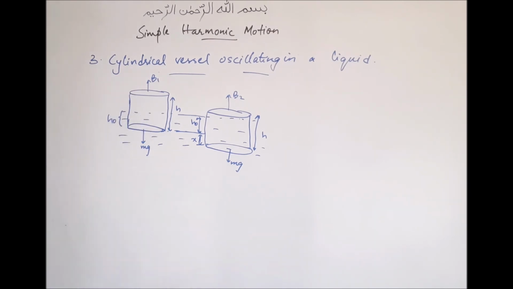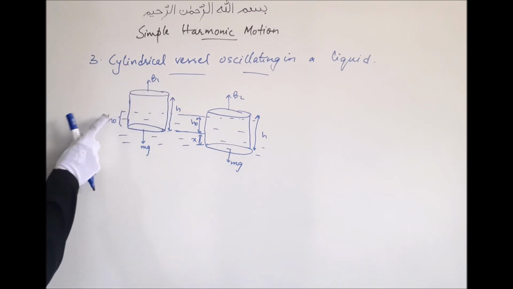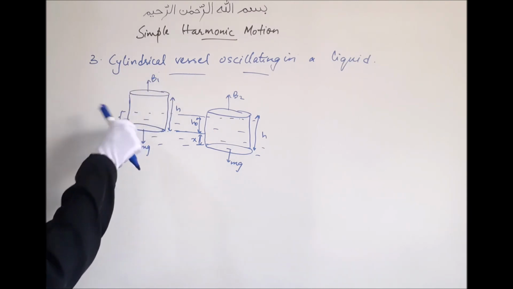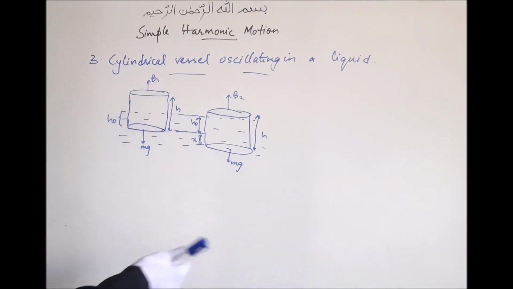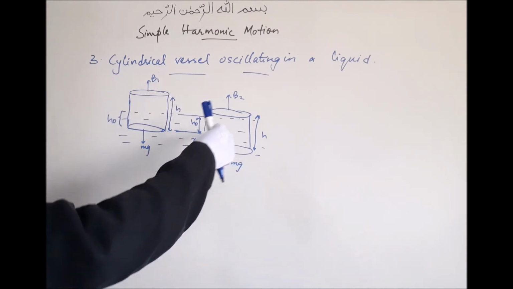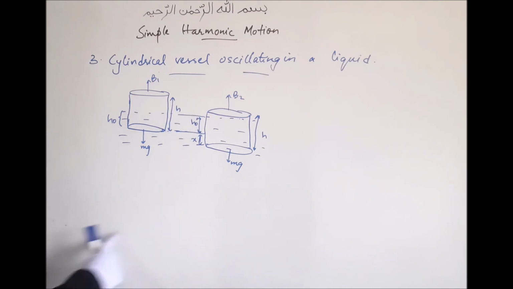Let this be its equilibrium case. So let's say it is having total height h. At equilibrium, height h naught is dipped inside the liquid. And for a certain case, second case, when it starts oscillating, we have h naught plus x height which is dipped inside the liquid.